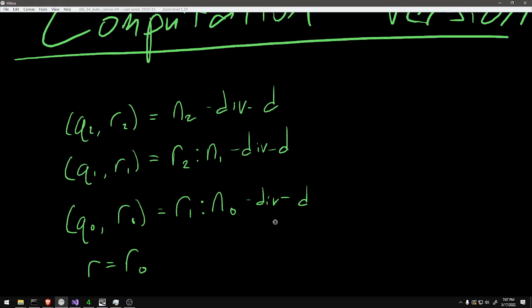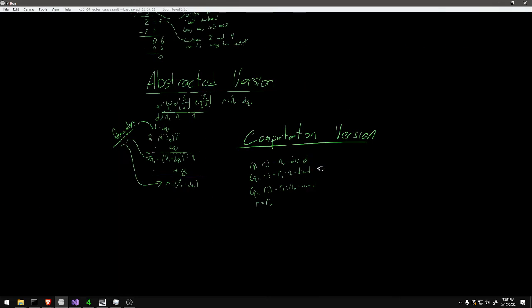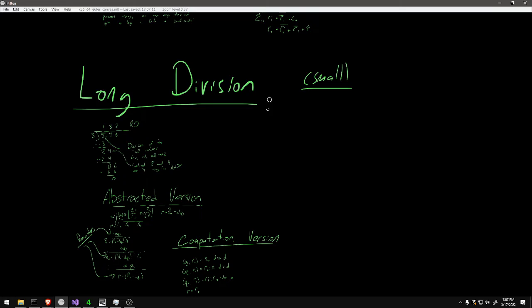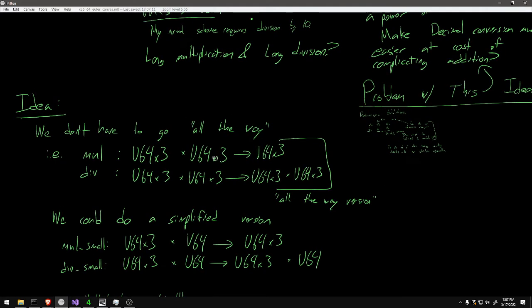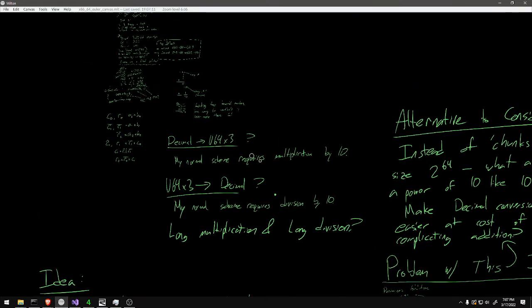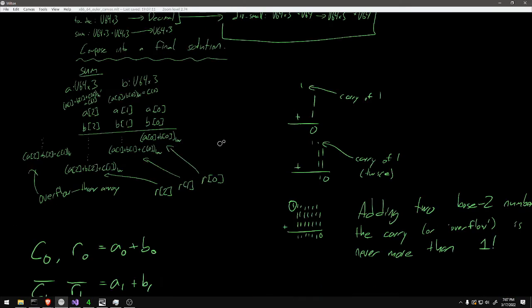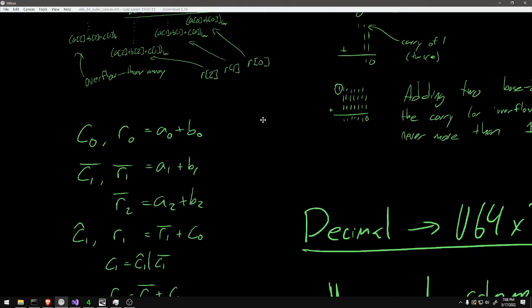Okay, let's start trying to implement these things. Let's start by implementing all the arithmetic stuff and testing that out. If that's working, then we'll implement the decimal converters and solve the problem, okay? So let's start with sum. Where was our plan for sum?